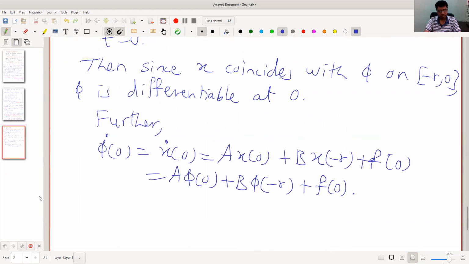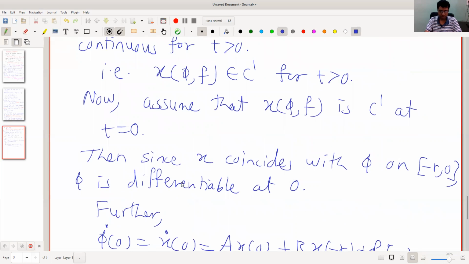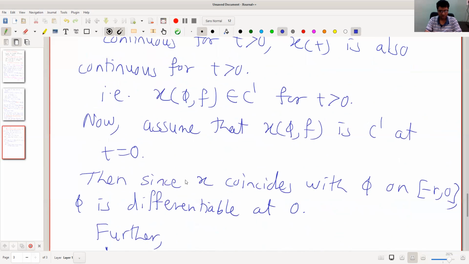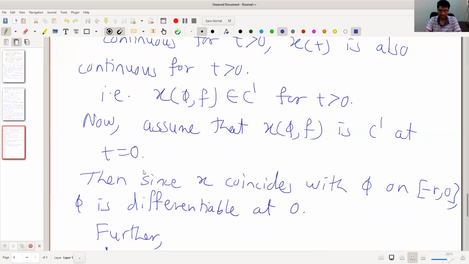Conversely, if we assume that phi dot of 0 is a phi of 0 plus b phi of minus r plus f of 0, then phi dot of 0 must be the same as x dot of 0. Further, we are assuming phi is differentiable at 0. So the derivative of x is continuous at 0.